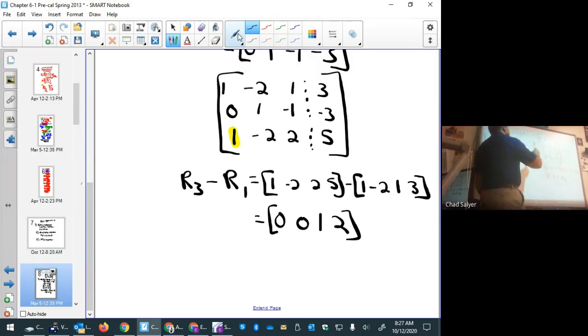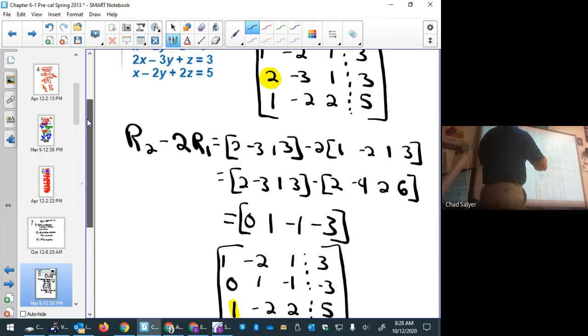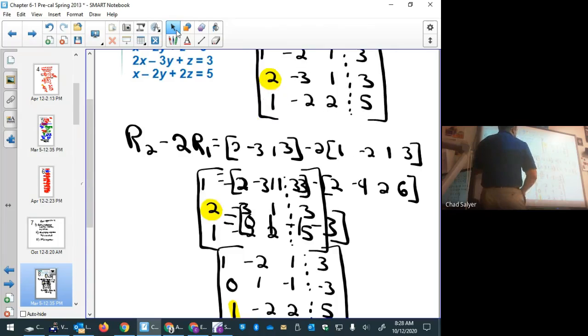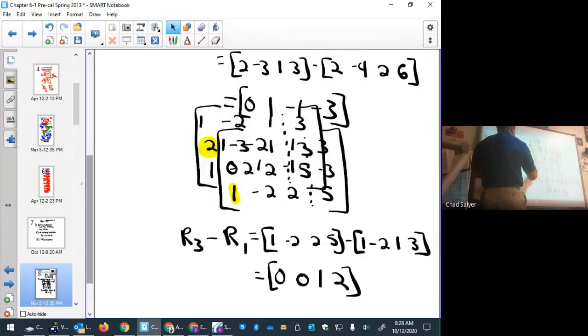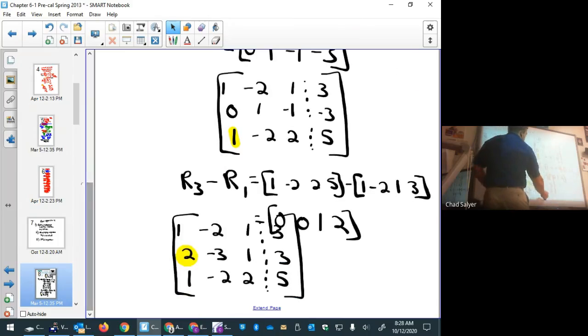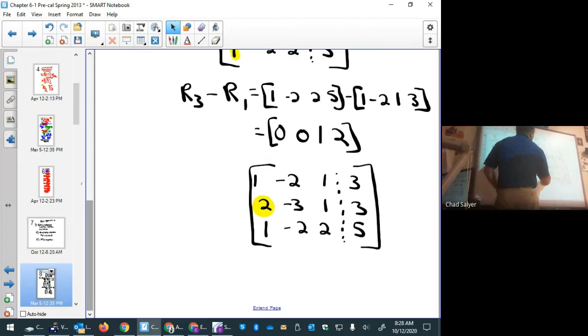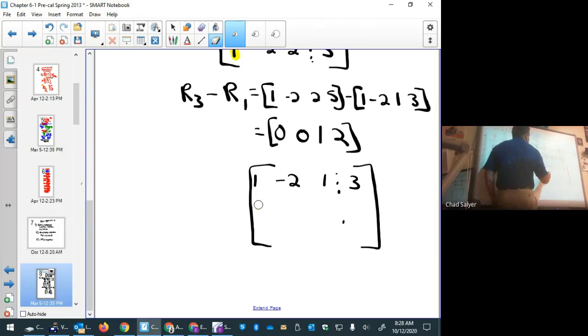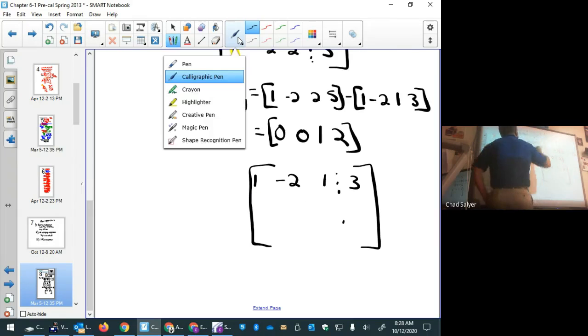So once again, we're going to replace the previous row with our new and improved row. That's not going to be very helpful. Basically, I have to rewrite the whole thing.